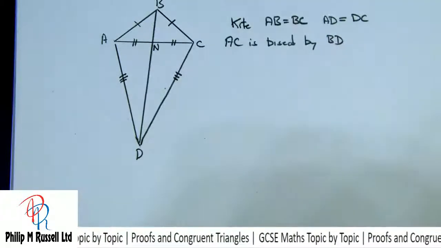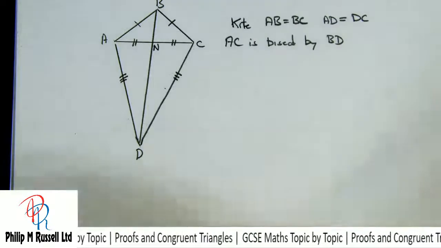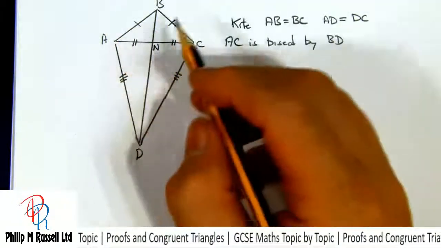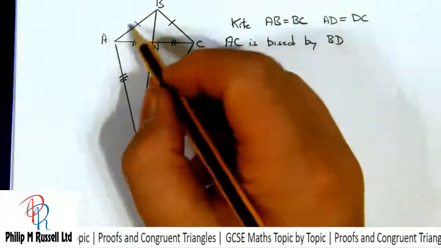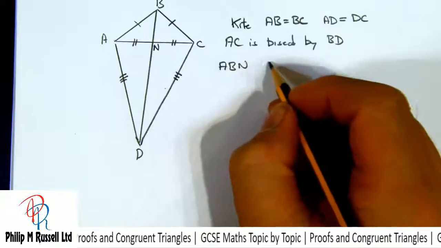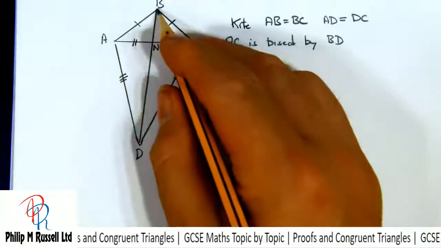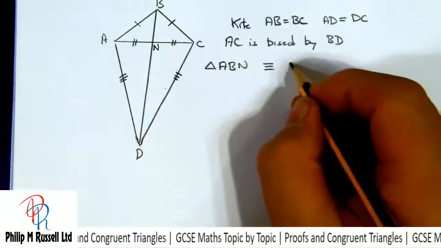Right, so we're going to try and prove here that some triangles are equal to one another. We could prove that ABN is congruent to BNC.